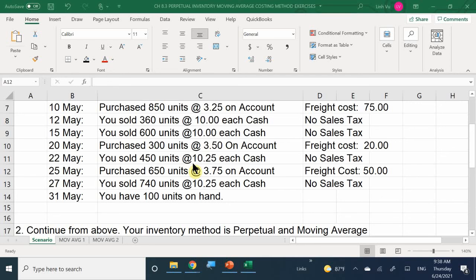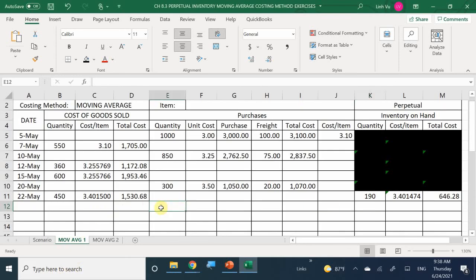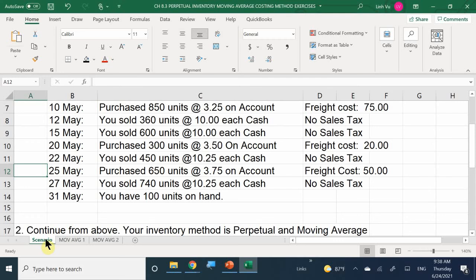You purchased 650 units at 3.75 with a freight cost of $50. So once again, this was on May 25th. Let me double check: 650, 3.75, freight was 50.